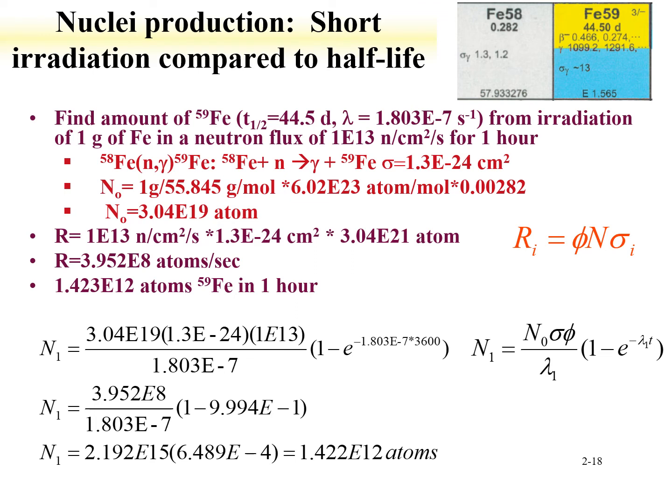Let's compare these two equations in two different scenarios: one where the irradiation time is short compared to the half-life, and one where the irradiation time is long compared to the half-life. For our first example, let's use a reaction to make iron 59, this isotope with a 44.5 day half-life, from iron 58.